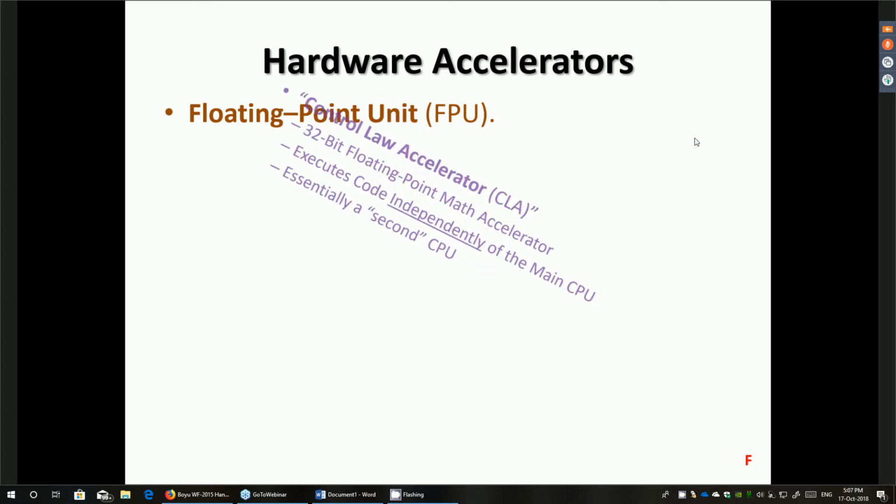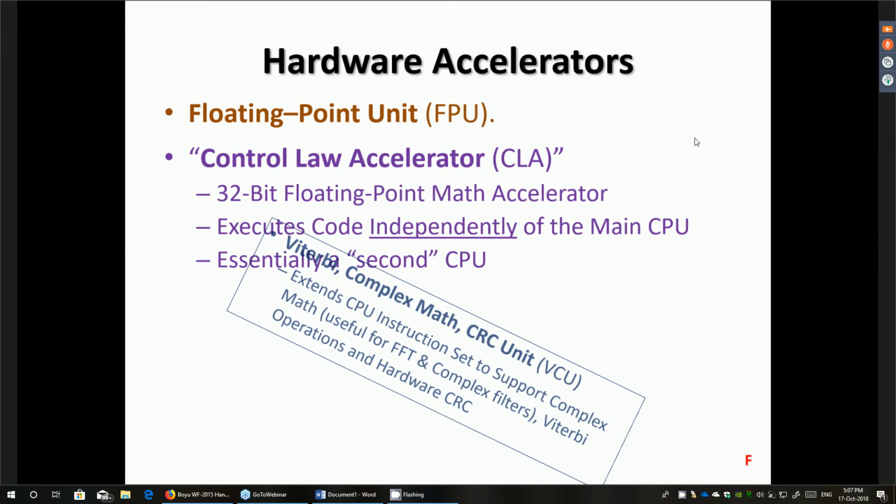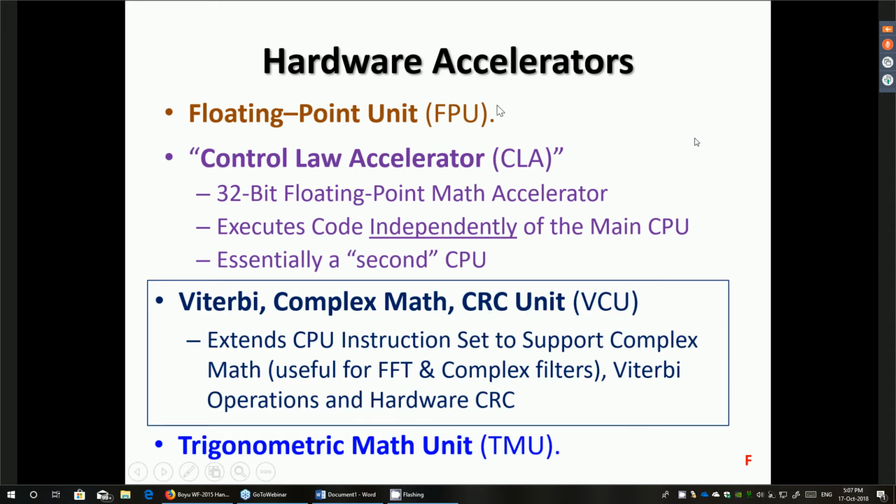But I just wanted to give you an idea of the different hardware accelerators that are available in our Texas Instruments C2000 family of microcontrollers. A floating point unit is something that all of you will be familiar with. It is an IEEE standard peripheral. Almost every microcontroller that you encounter from any manufacturer in the industry will have a floating point unit that's compatible with the IEEE 754 standard.